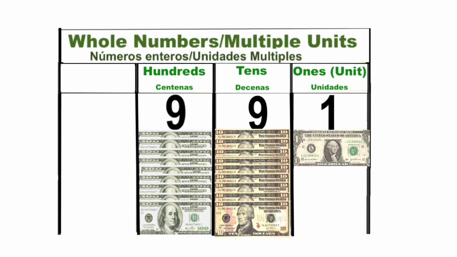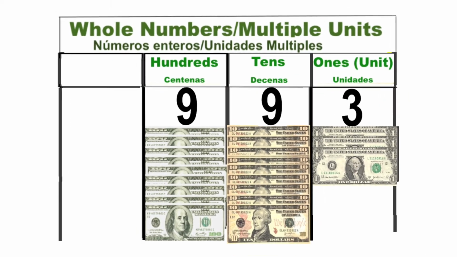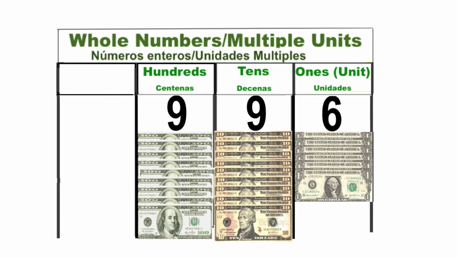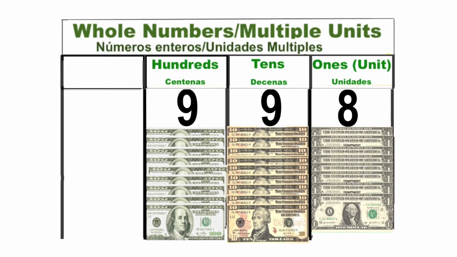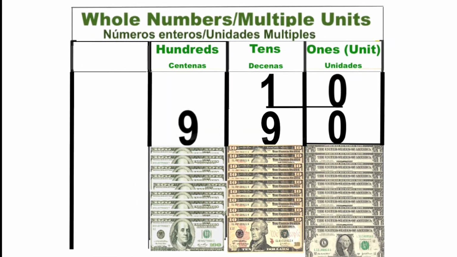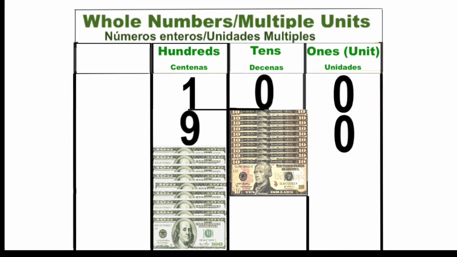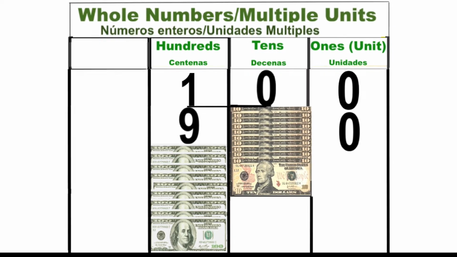Start counting. 991, 992, 993, 994, 995, 996, 997, 998, 999, 1,000. Convert 10 ones to a 10 for a total of 9 hundreds, 10 tens, 0 ones.